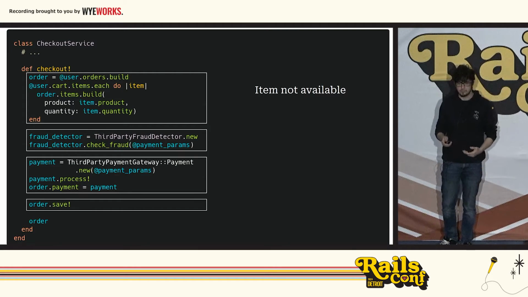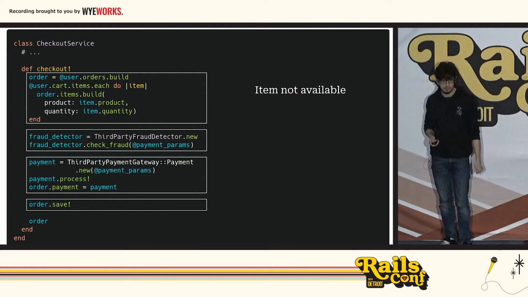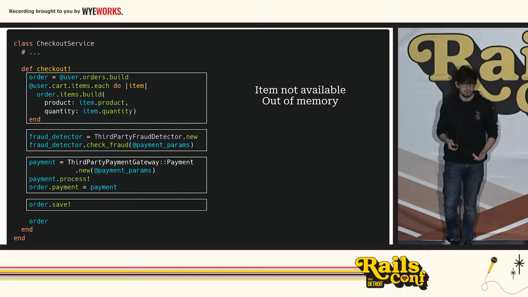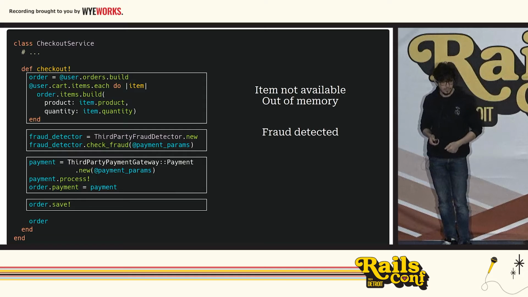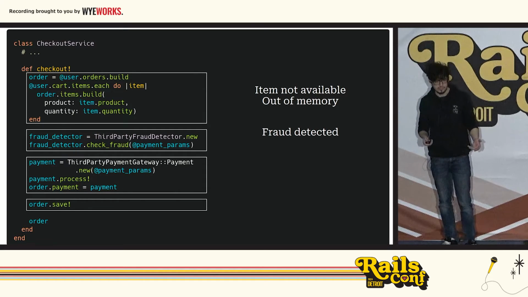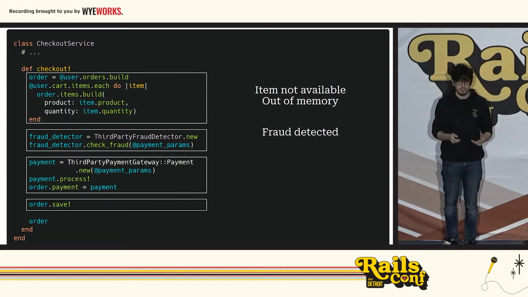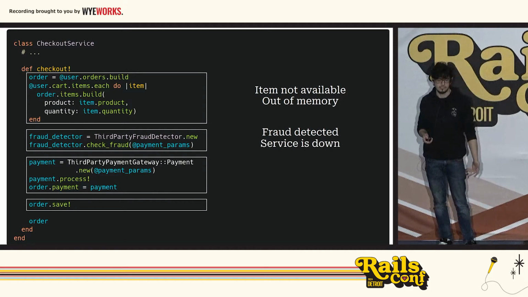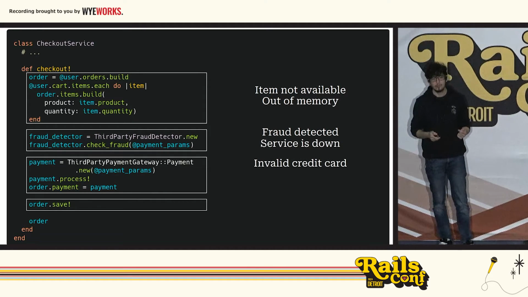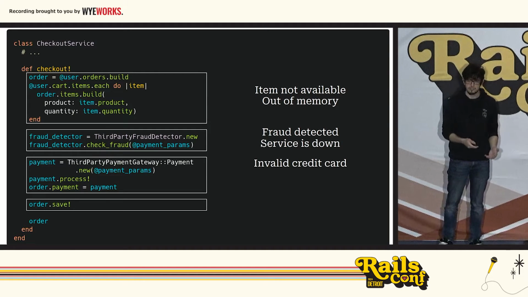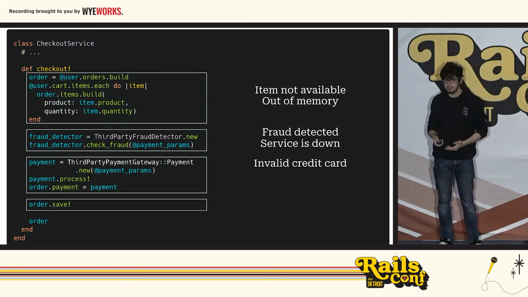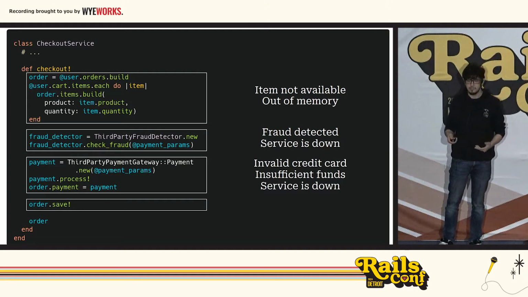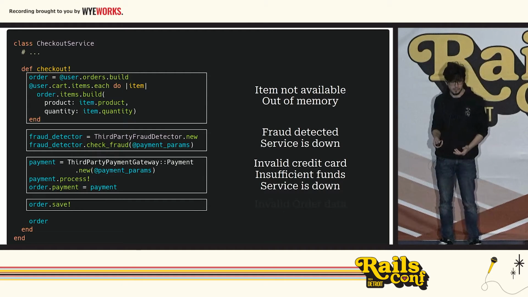Maybe when we're trying to create the order, the item is not available anymore. Or maybe we're just out of memory and we can't instantiate any of those item objects anymore. Or maybe we detected fraud and all the flows should be interrupted at that point. Or maybe the fraud detection is down. Or maybe when we try to actually process the payment, the credit card data is invalid, or there are insufficient funds in the credit card, or maybe even the credit card service is down.